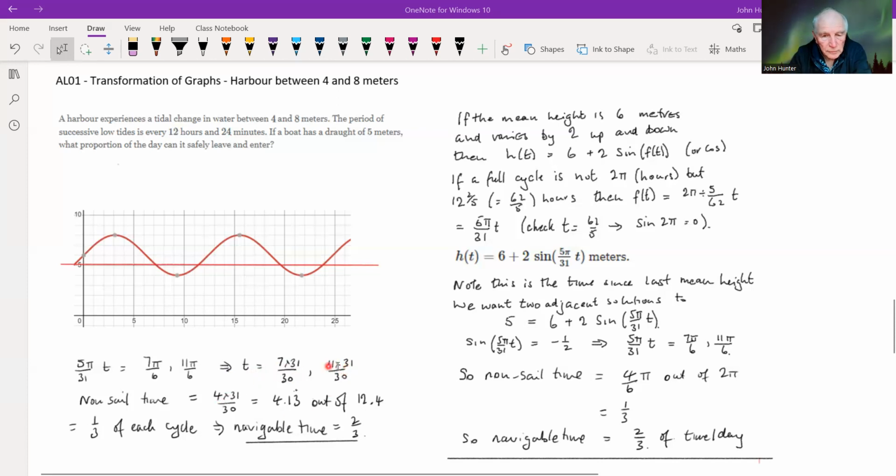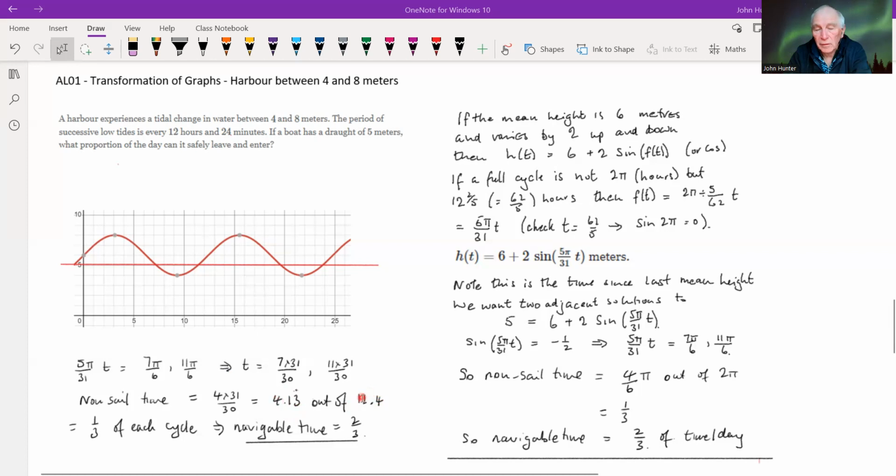So the difference between these two is 4 times 31 over 30, or 4.13 hours. Now that's 4.13 hours out of a cycle of 12.4 hours.